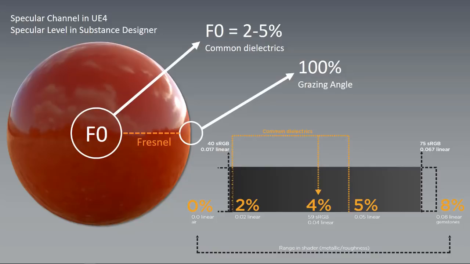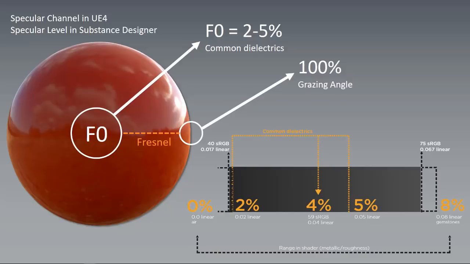Now, UE4 gives you the ability to change that F0 value, and that is what that specular channel is. It allows you to override this F0 value, but it's very constrained, which is what I'm showing here in this graph.